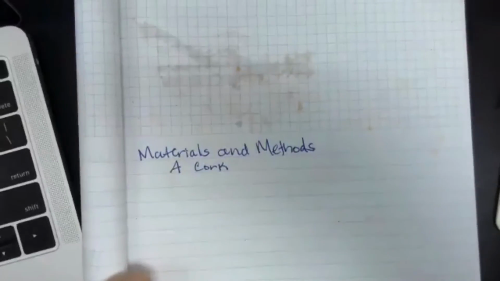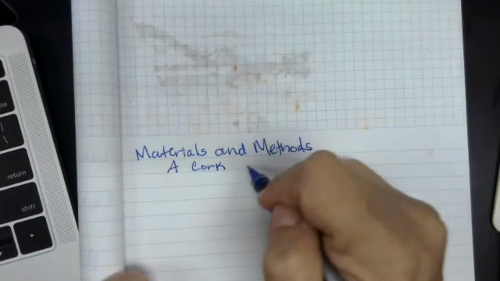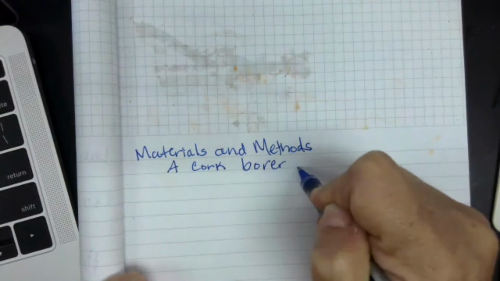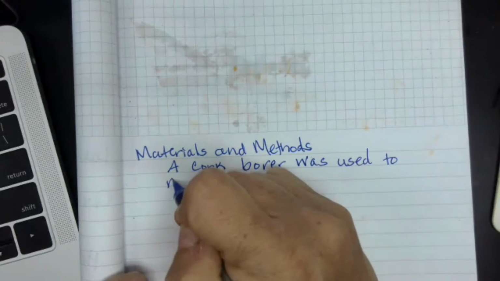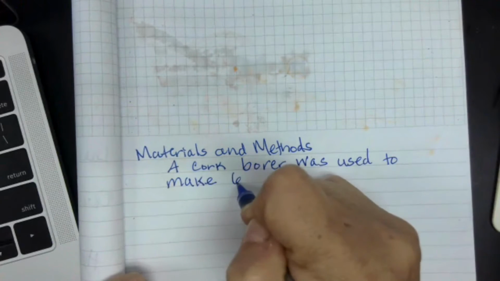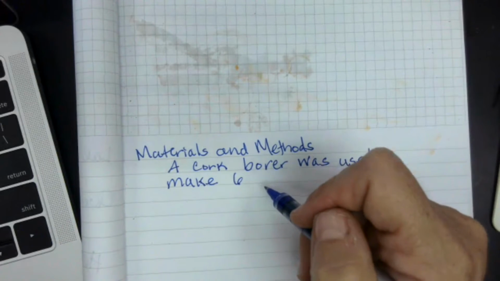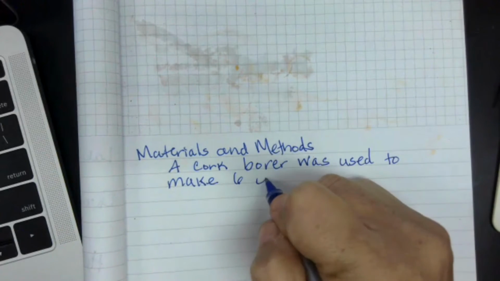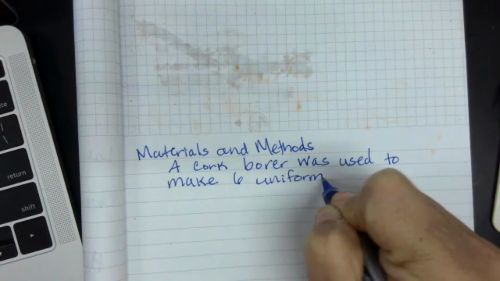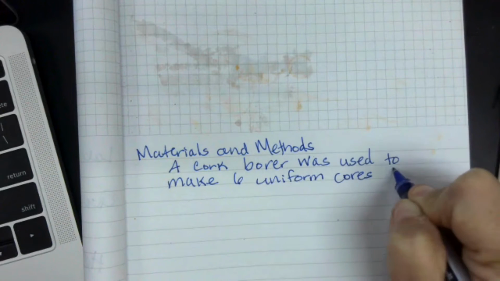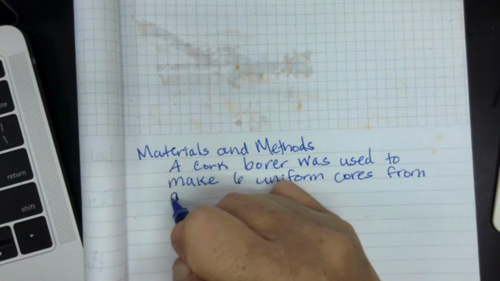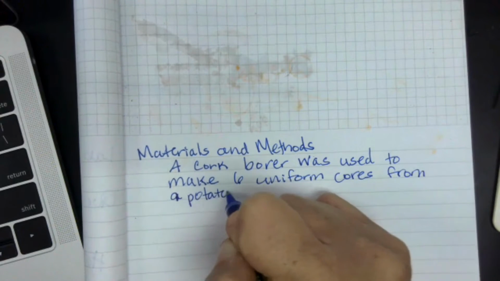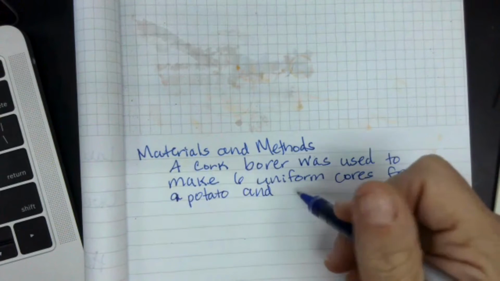A cork borer was used to make 6 uniform cores of each vegetable, from a potato and whatever other vegetable you have.